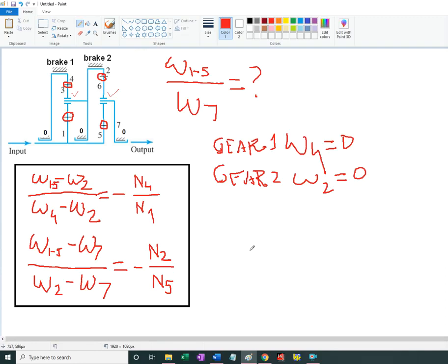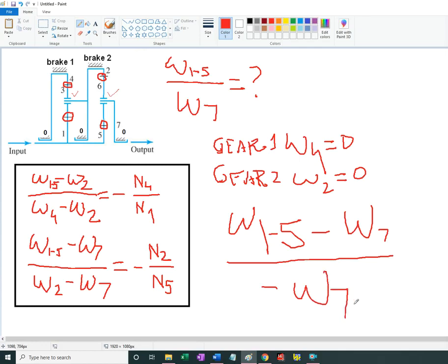So I have this equation that gives me omega 1,5, that's the input, minus omega 7 over negative omega 7, and equals the number of teeth n2 over n5. And what do you do next?